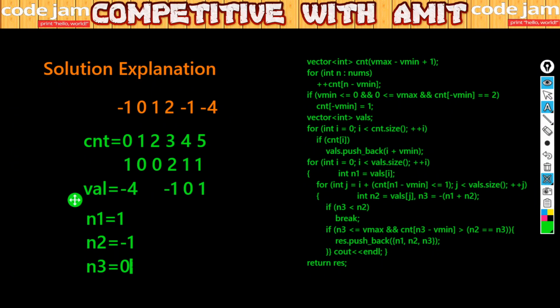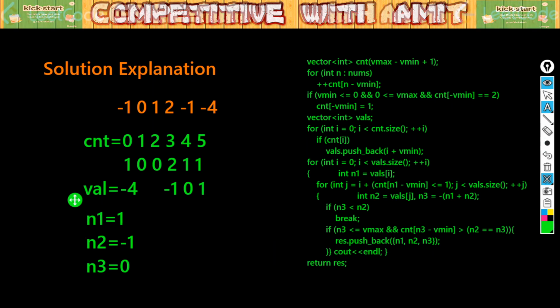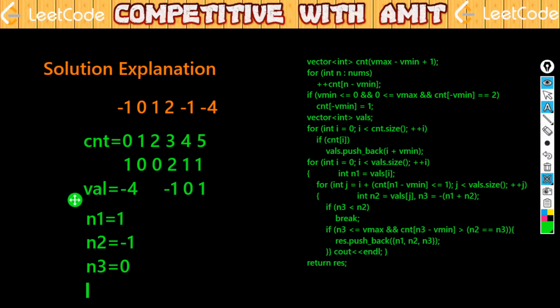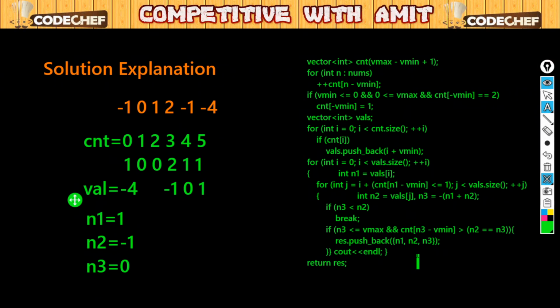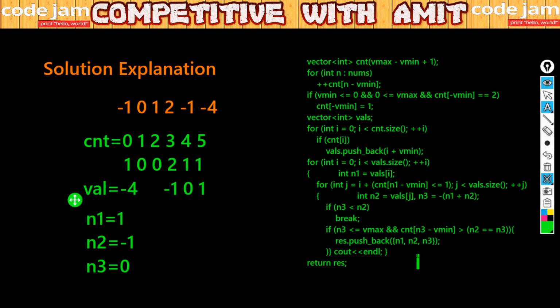So this condition becomes true and we will push back that value into this. Now again if the same value comes, we will not push it back because we are first making the vector and then we are pushing. That's why the repeated occurrence or more than one occurrence will be stopped using this code.